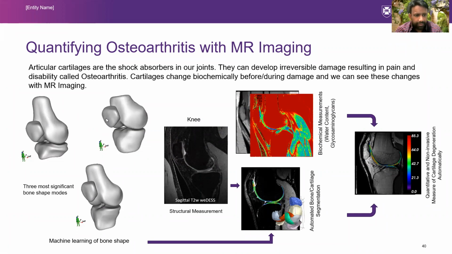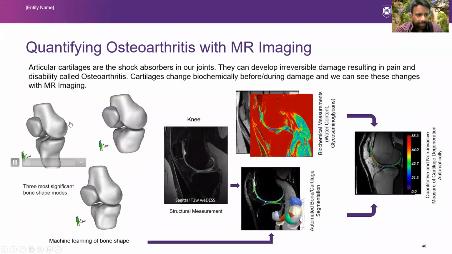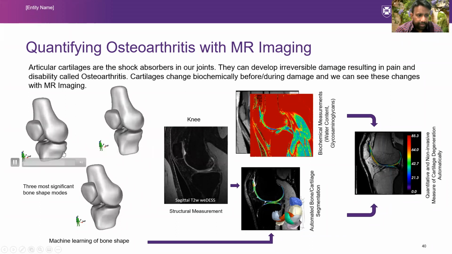So if I go back and show you again, some of the variations we see are that we get thinner knees, thinner femoral bones, which is the thigh bone. We get more different shapes for the tibia bone.